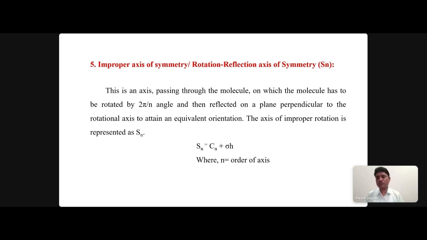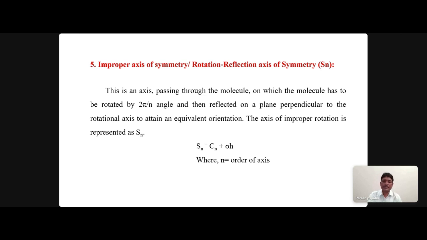The fifth symmetry element is the improper axis of symmetry, or rotation-reflection axis of symmetry, which can be symbolized by Sn. Sn is a symmetry element.